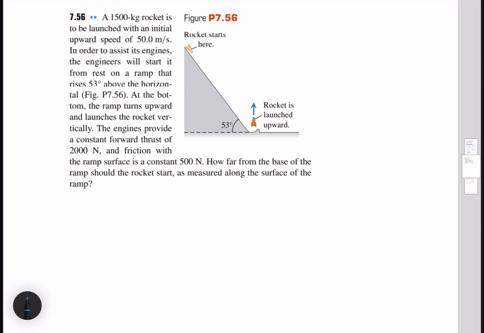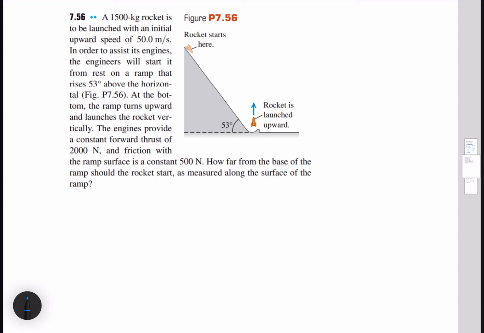At the bottom, the ramp turns upward and launches the rocket vertically. The engine provides a constant forward thrust of 2000 newtons, and friction with the ramp surface is constant at 500 newtons. How far from the base of the ramp should the rocket start, as measured along the surface of the ramp?